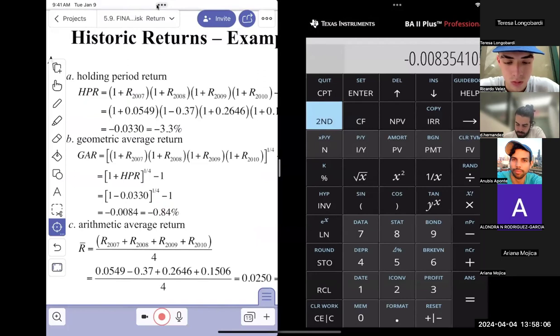So what does this give me? Who's going to interpret it for me? What does this say? Ricardo, what does it mean?